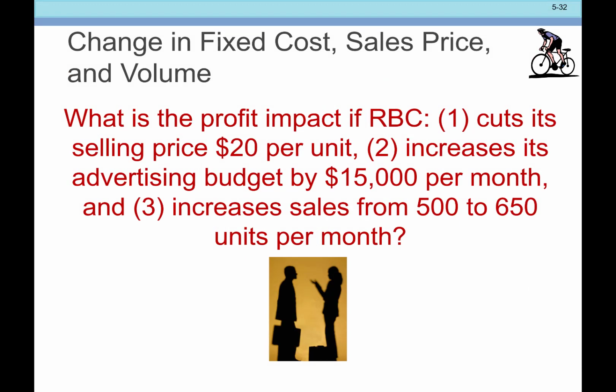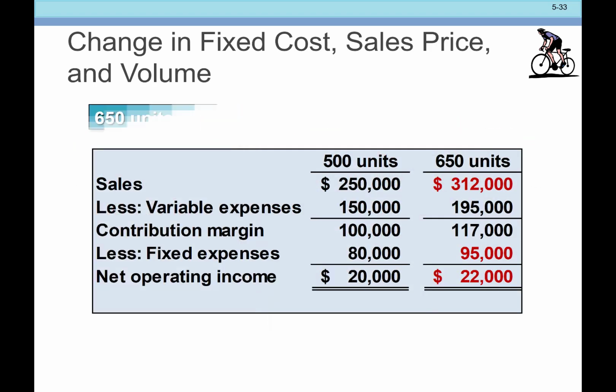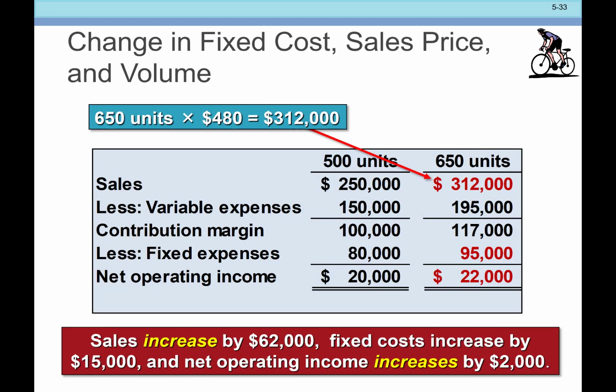Let's take a look at another scenario. Company cuts its selling price by $20 per unit. Bike company. Increase in advertising 15,000. And they think if they do all this, that will increase the sales from 500 to 650. So you go ahead. Now we have 650 units times, and now it's 480 per bike, not 500.